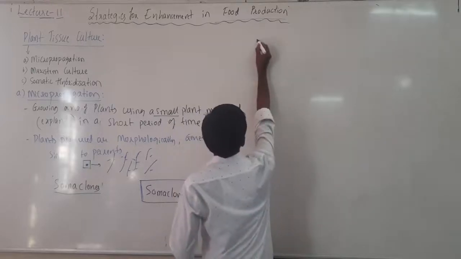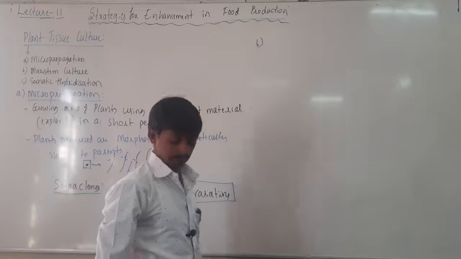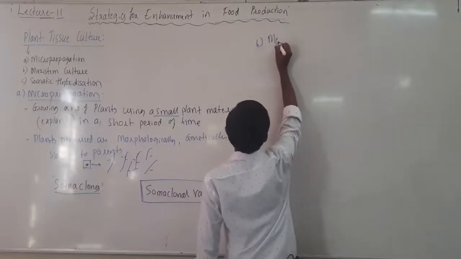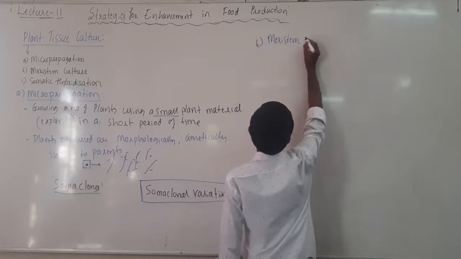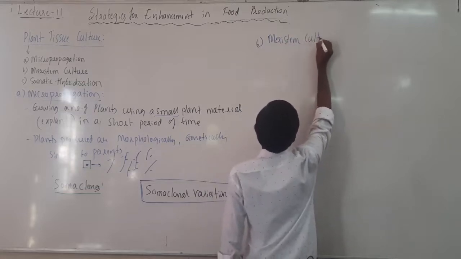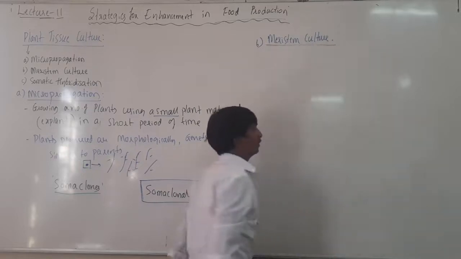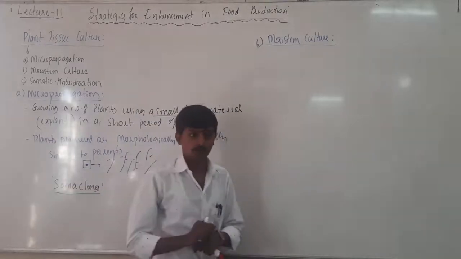The second technique is meristem culture. We all know that meristem is the rapidly dividing tissue of the plants.